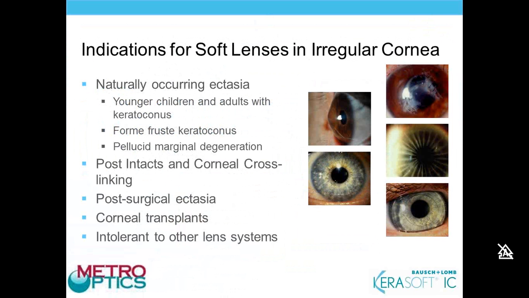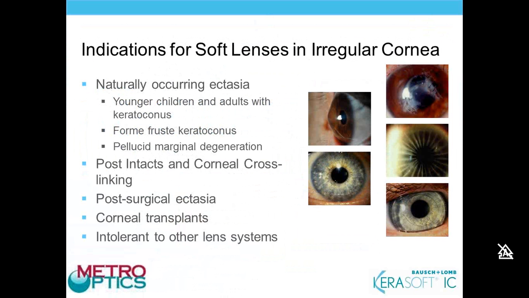So the younger children and adults that are starting to present with keratoconus or some steepening, form fruste keratoconus in those patients that are detected in refractive surgery centers that might actually be experiencing some glare and shadowing. This lens can also be helpful for those patients.